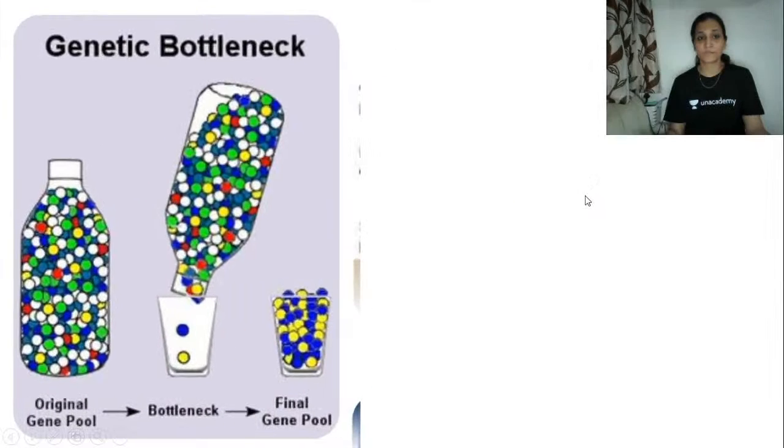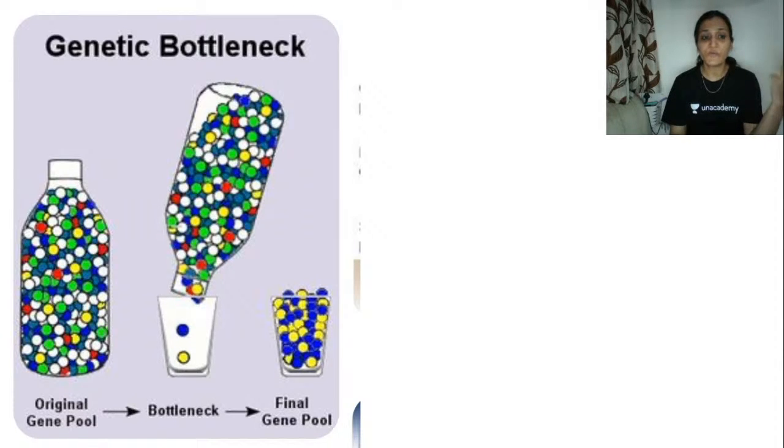Bottleneck effect. I would like to explain this bottleneck effect with a picture. So this is the picture expressing the genetic bottleneck effect. Can you observe the bottles over here and glasses over here? This is a bottle. How many colored beads can you observe in this? You can see white, green, yellow, red.